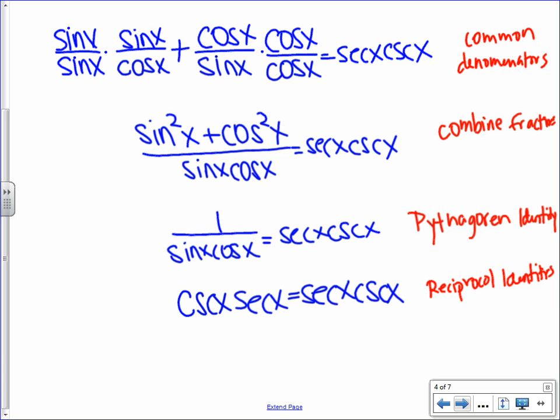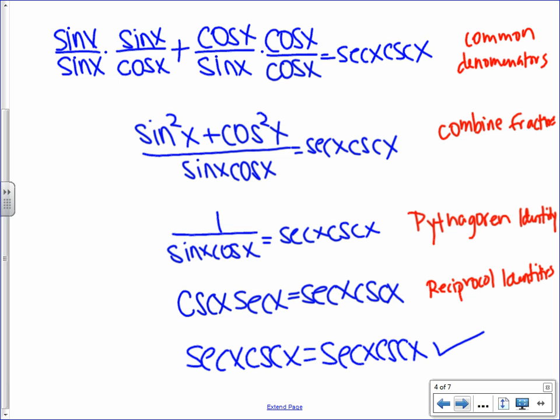Okay, now technically are our two sides equal? Yes. Yes, but do they look exactly the same? Do they look exactly the same? Okay. I do not want you to stop until both sides look identical. And once they are identical, then we are done.